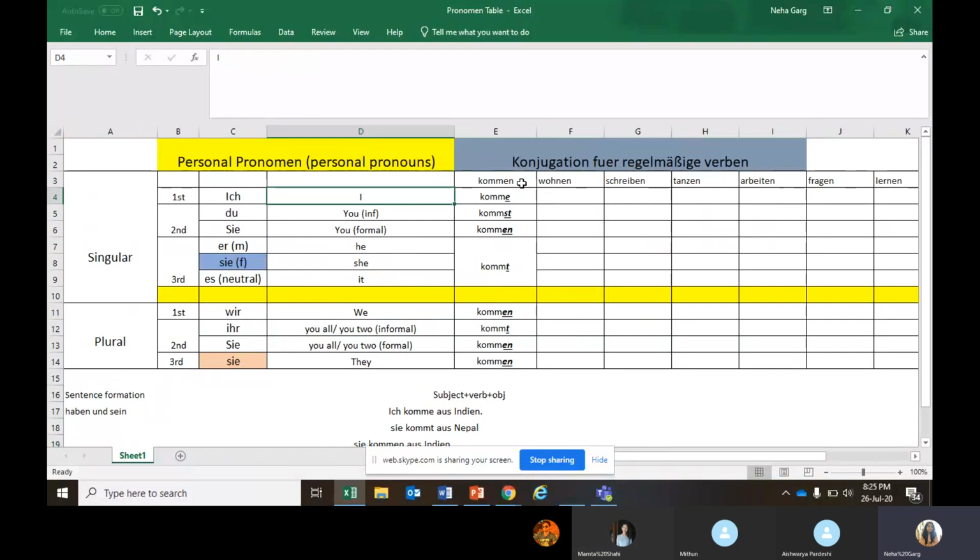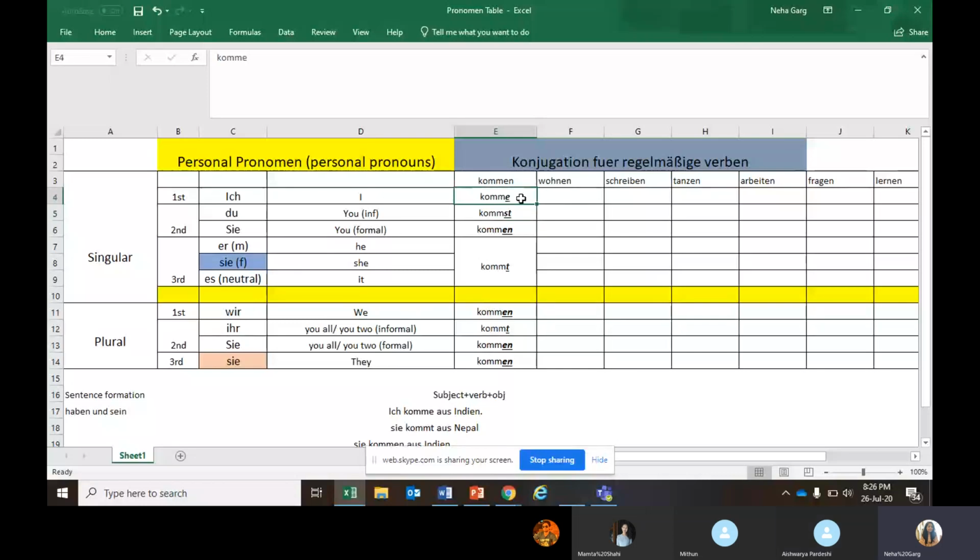There are different types of verbs in German. Since we are at a basic level, we would be using regular verbs. Regular verbs have a fixed rule for conjugating them with pronouns. In this table, you can see I have highlighted a few of the alphabets and underlined them. So this is how it is going to conjugate.